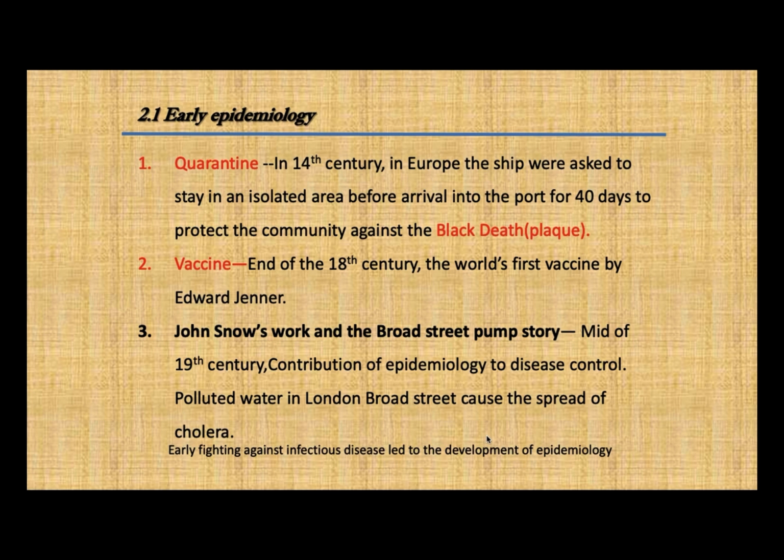And isolation of the sick people might control the transmission. In the 14th century, in Europe, ships were asked to stay in an isolated area before arrival into the port for 40 days to protect the community against the Black Death.